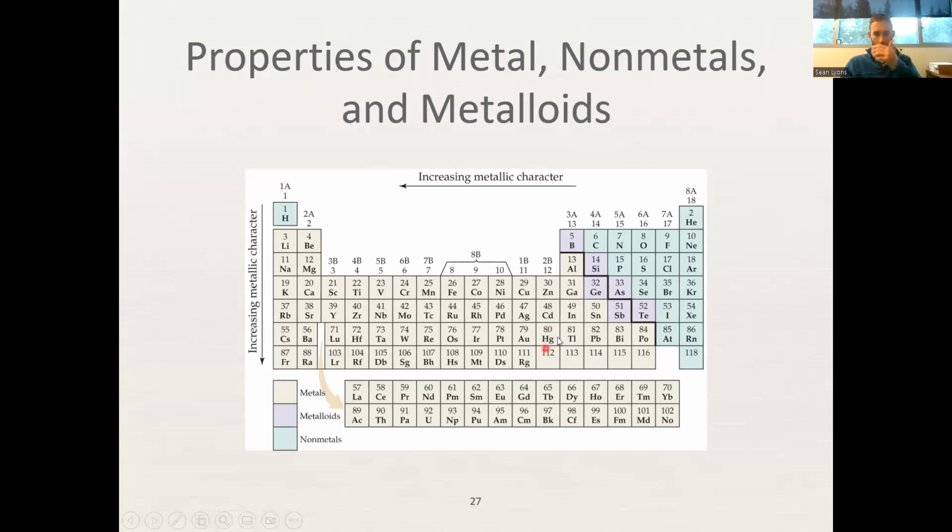Mercury is the only exception in terms of the state of matter, because the metals are all going to be a solid at room temperature, with the exception of mercury, which is a liquid. And with these metals, if you think about wires, they conduct electricity, so they're good conductors, whereas the nonmetals on the right-hand side of the periodic table are going to be the opposite.